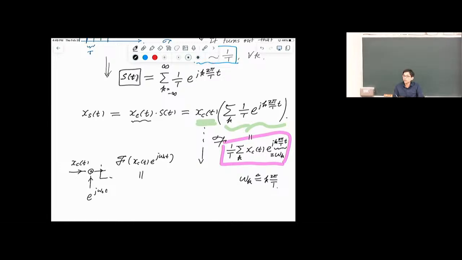This is modulation. We modulate our signal, so that our signal becomes a message, and this function here is a carrier.